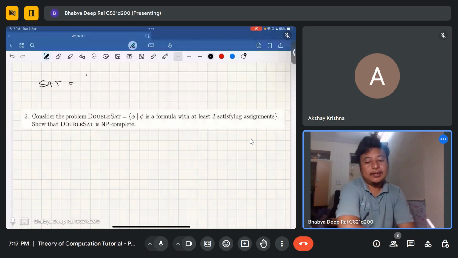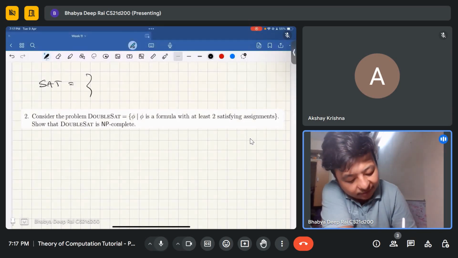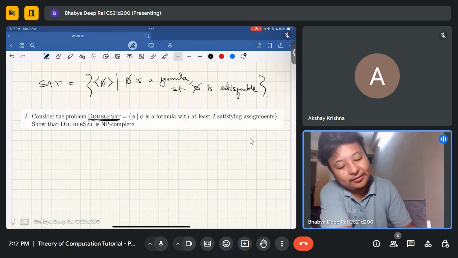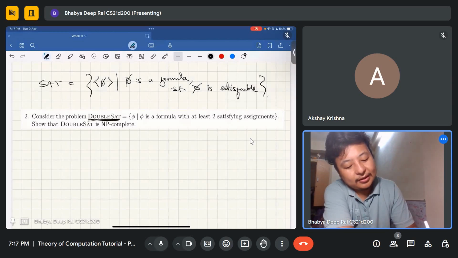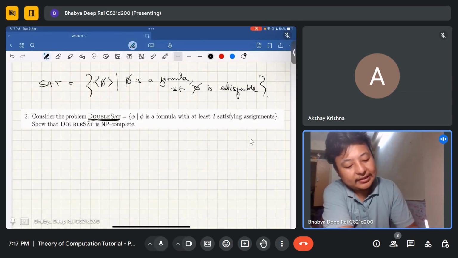This is SAT. Now we are talking about the problem double SAT. It consists of all the formulas with at least two satisfying assignments. Or I can change it so that phi has at least one satisfying assignment.